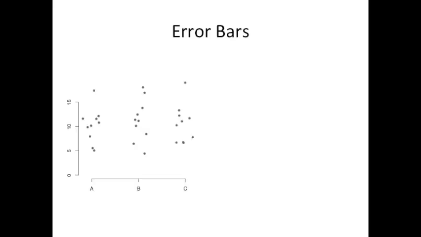For example, you might collect measurements from 3 samples labeled A, B, and C, and plot them on a scatter plot, just like we see here. You could then calculate the means for the 3 data sets, and we've illustrated those here with 3 green horizontal bars approximately halfway up the clusters of data points.